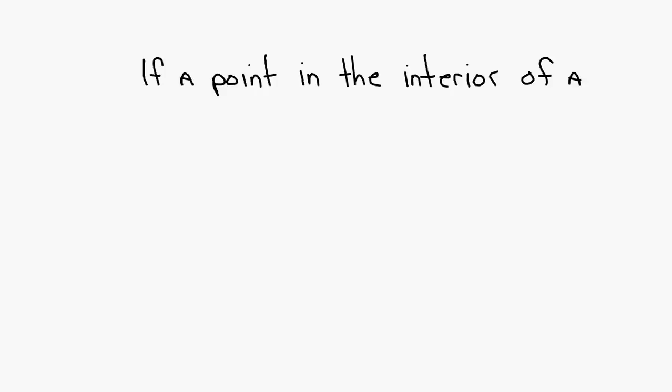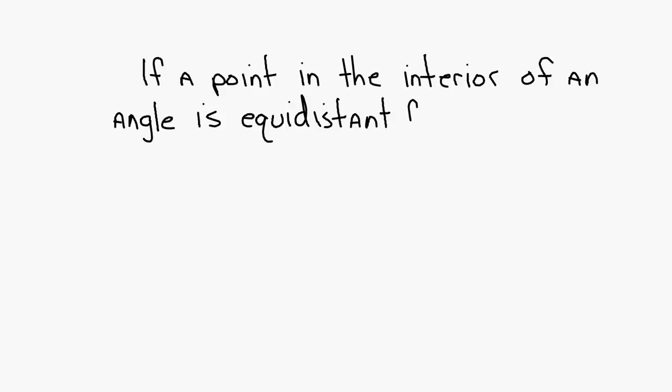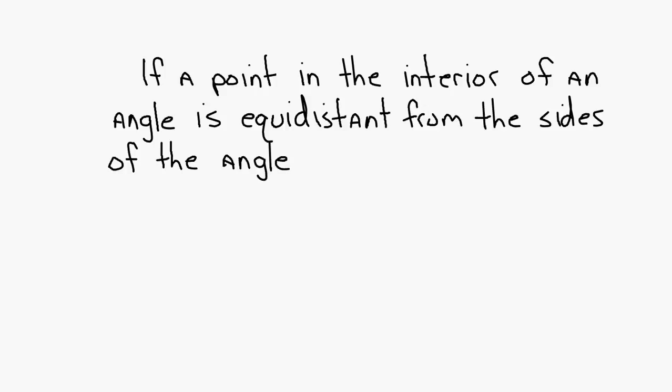And it says, it's right below the original theorem on page 313, if a point in the interior of an angle is equidistant from the sides of the angle, then it is on the bisector of the angle.